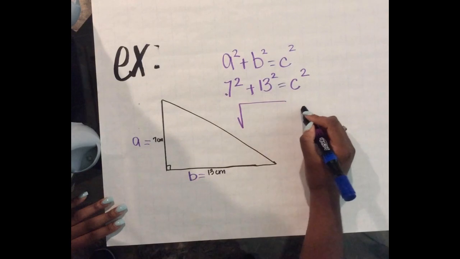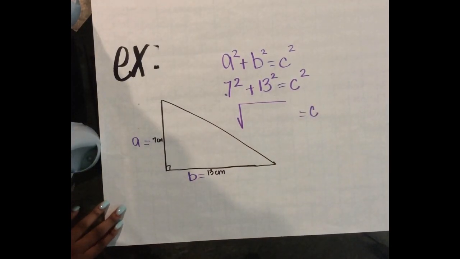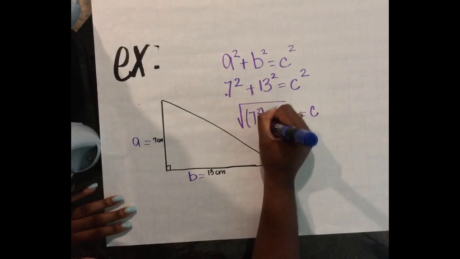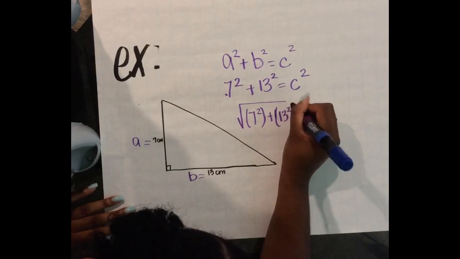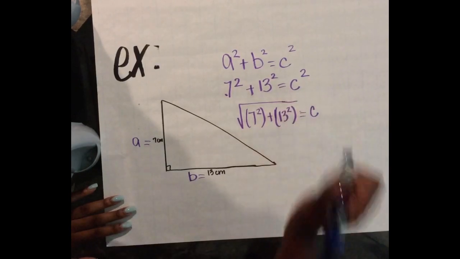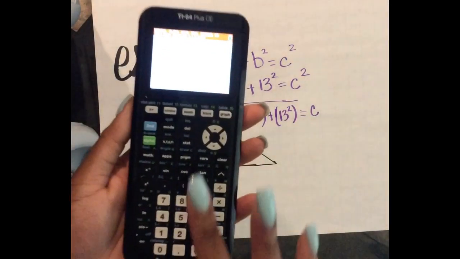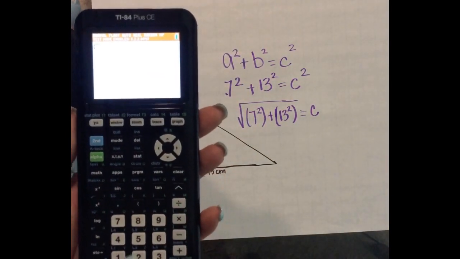Let's draw our square root equals C. So in parentheses, we have 7 squared plus, open parentheses, 13 squared. So let's go back to our calculator. Again, second x squared.